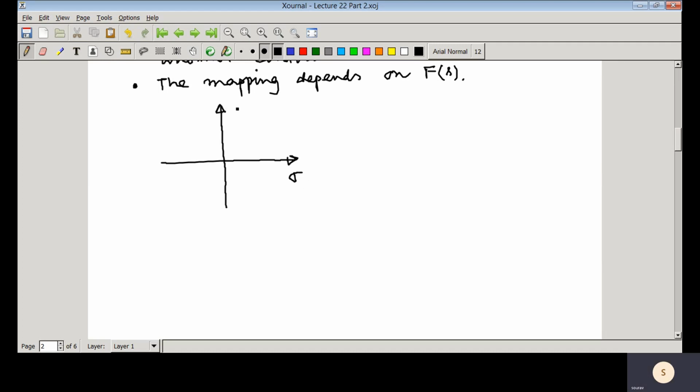So here we have one complex plane, that is the S plane, and here we have the F(s) plane, with the real of F(s) and the imaginary of F(s). Then suppose we have taken a function F(s) equal to s minus z1.